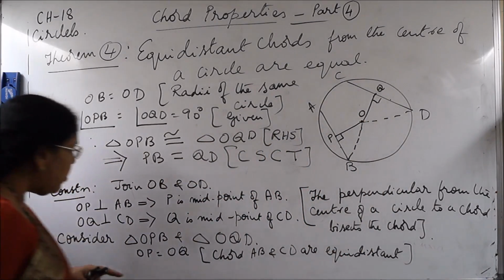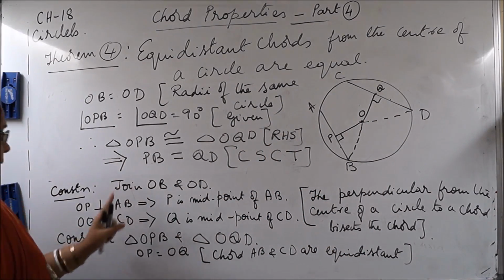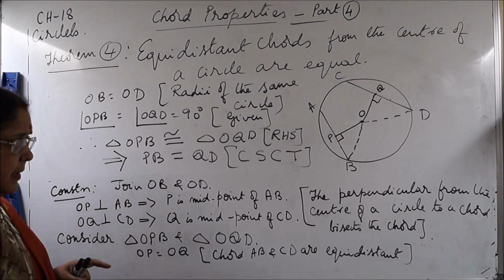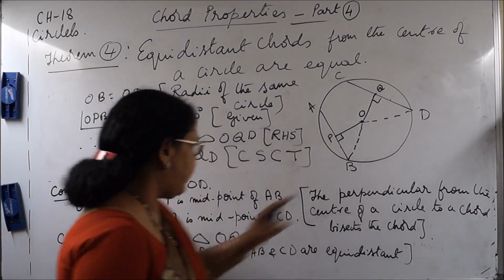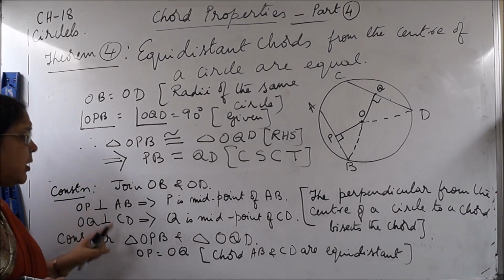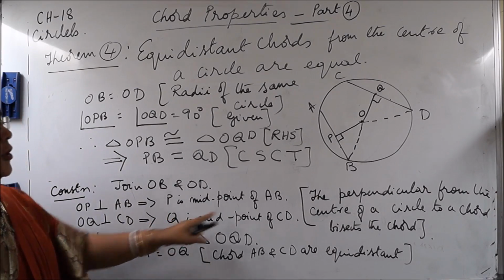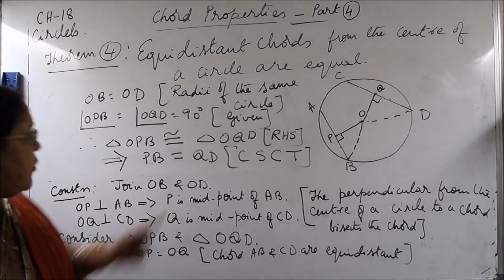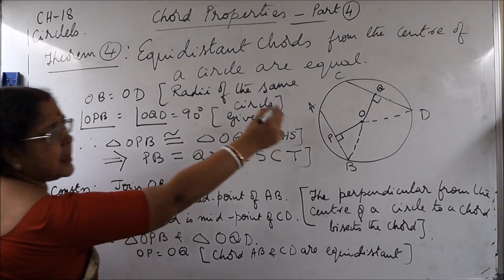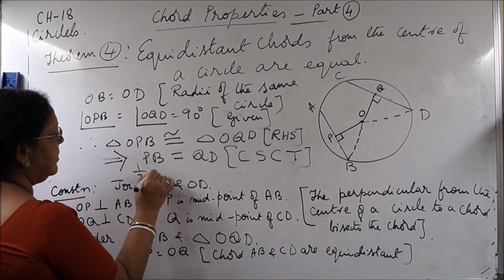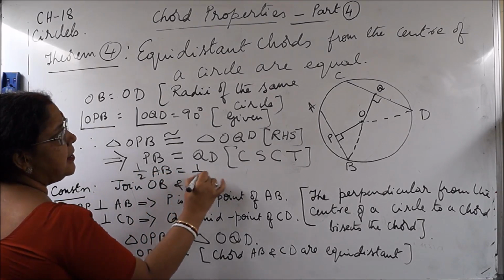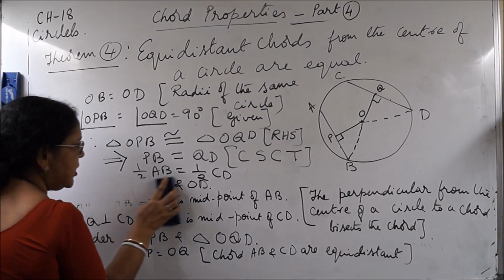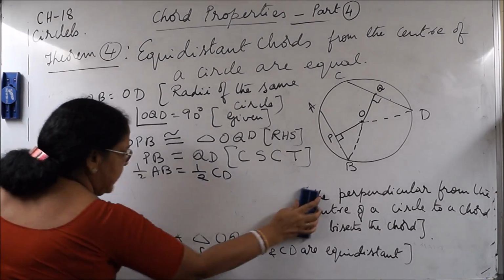How did we come to know this? Since OP is perpendicular to AB, P is the midpoint of AB, so PB is half of AB. Similarly, OQ is perpendicular to CD, therefore Q is the midpoint of CD from our previous theorem. So half of AB is equal to half of CD, that means AB is equal to CD.